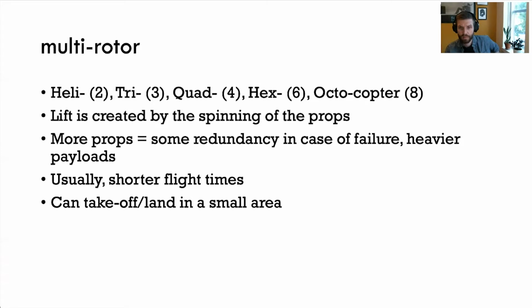And with 6 and 8, if one of the motors fails, oftentimes the drone can continue to fly, even if 1 or 2 of those blades stop spinning, which can be helpful in the event of a failure or emergency. Usually, these multi-rotors have shorter flight times, with more motors spinning and having to create all the lift. It just requires more energy, so the batteries are used up faster.